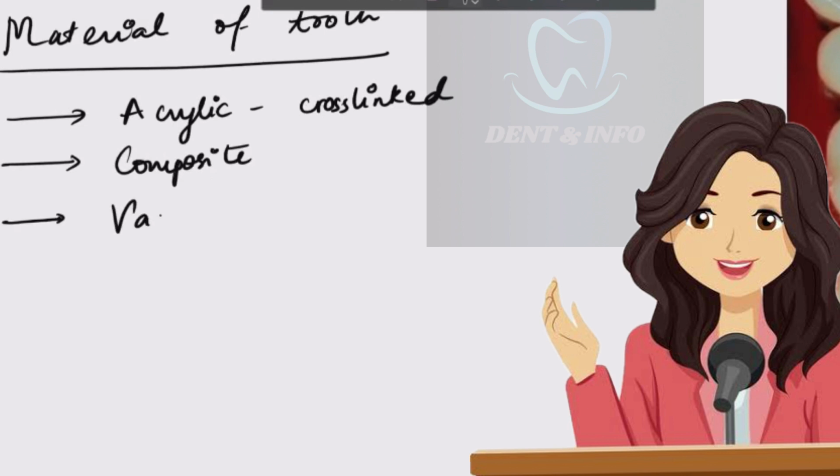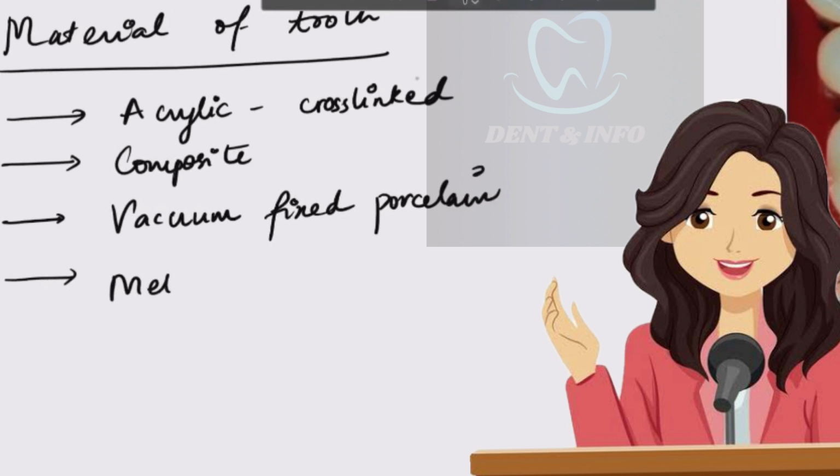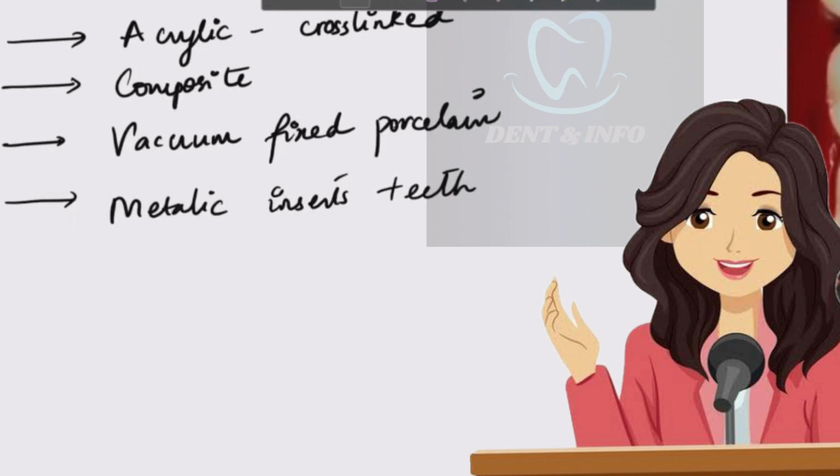You can use vacuum fired porcelain. So porcelain or ceramic teeth can be used. You can use metallic insert teeth. 4 different materials. Nowadays in market, you see a lot of commercial materials available that have evolved over a period of time from 4 standard materials.